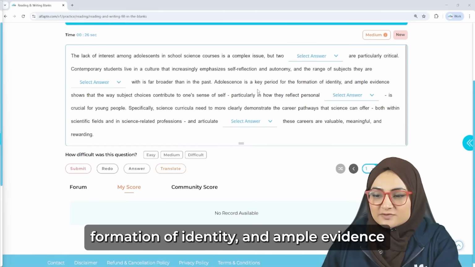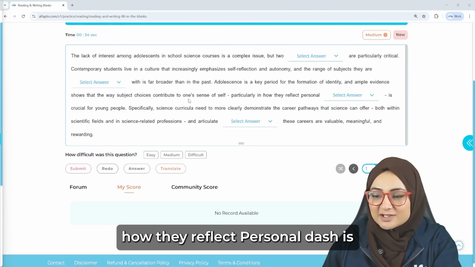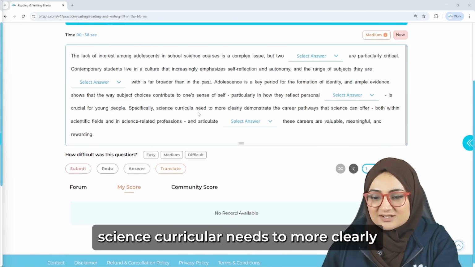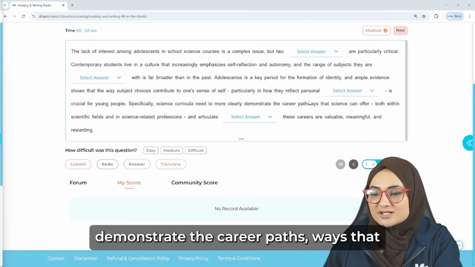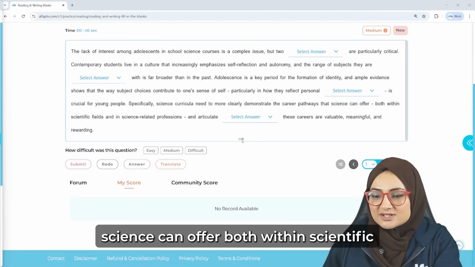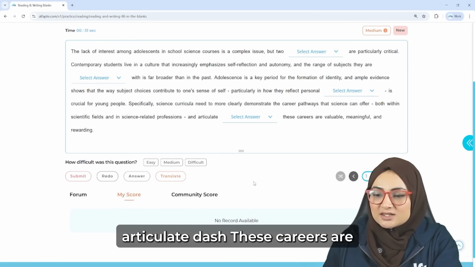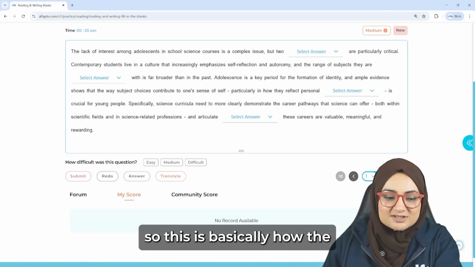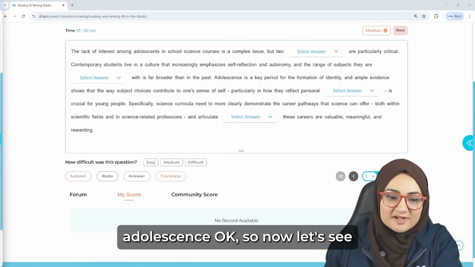Adolescence is a key period for the formation of identity, and ample evidence shows that the way subject choices contribute to oneself, particularly in how they reflect personal dash, is crucial for young people. Specifically, science curricula needs to more clearly demonstrate the career pathways that science can offer, both within scientific fields and science related profession, and articulate dash these careers are valuable, meaningful and rewarding. Okay, so this is basically how the adolescents career choice affects adolescents.